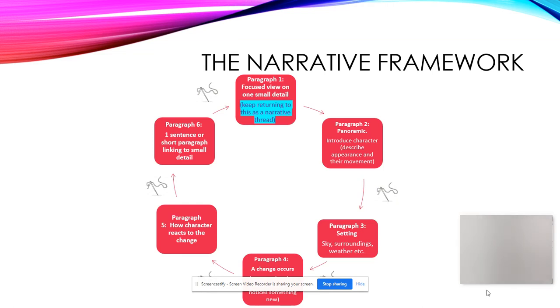That's essentially showing you that you should have some sort of reference to your narrative thread in each paragraph throughout. You start off with that small detail and slightly reference it, and you can even bookend your story by beginning and ending with your narrative thread. So it should exist throughout to give your story a kind of circular structure.